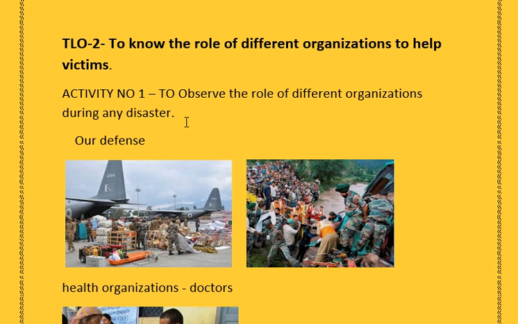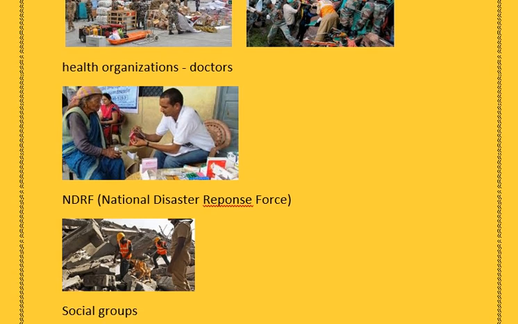First of all, our defense system, our army, air force and navy jawans, they come fast, and they do all the necessary actions related to food, clothes and medicines, and they also help the people get out from that bad situation to safer places. In a similar way, the health organizations provide the medicines and help the injured people to a safer place or to a better condition.